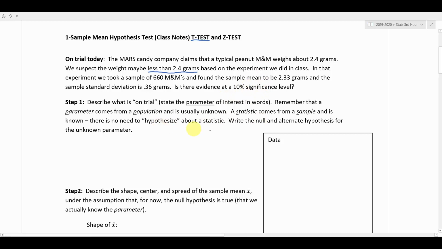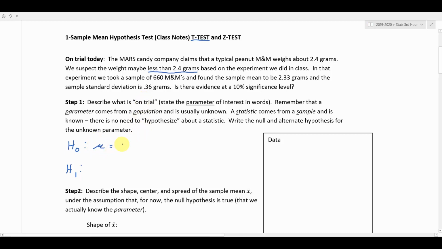Okay, so let's go ahead and set this up. Even though we're doing a mean, the steps in the process that we learned last week are almost exactly the same. We're going to start by setting up a null and an alternate hypothesis, H0 and H1, or HA, whatever you prefer. I'm going to say that the assumption about the population is what the Mars Candy Company said: our assumption is that the mean is 2.4 grams.